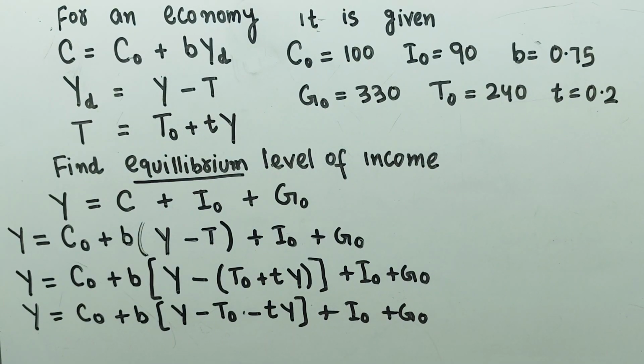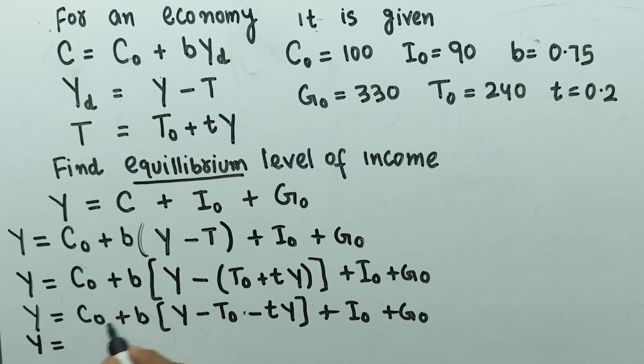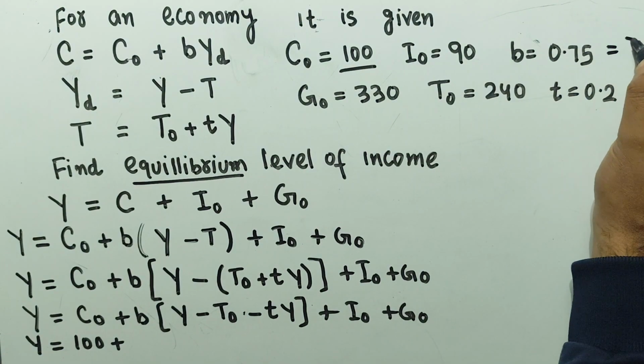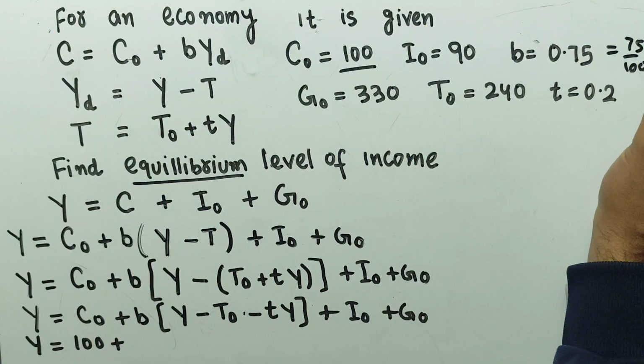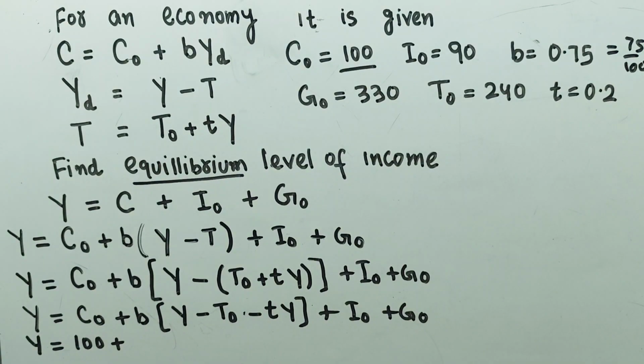So let us give the variables their values. We have y will be equal to autonomous consumption 100 plus marginal propensity to consume 0.75. So 0.75 can be written as 75 upon 100, which is equal to 3 upon 4, or let's write it as 0.75.